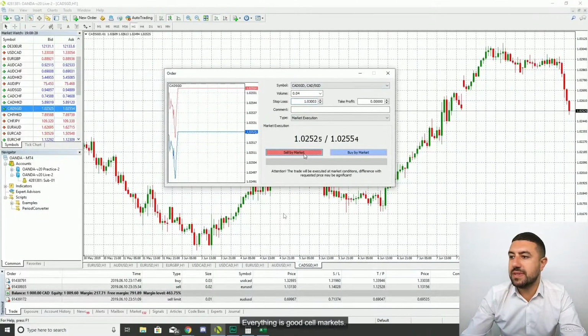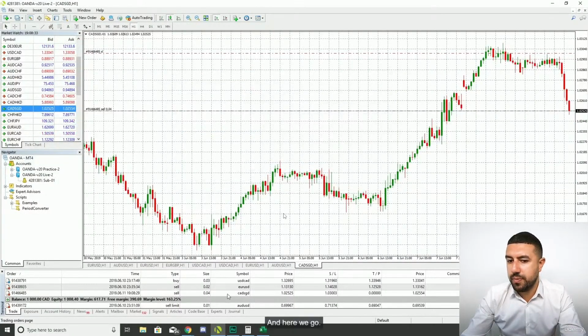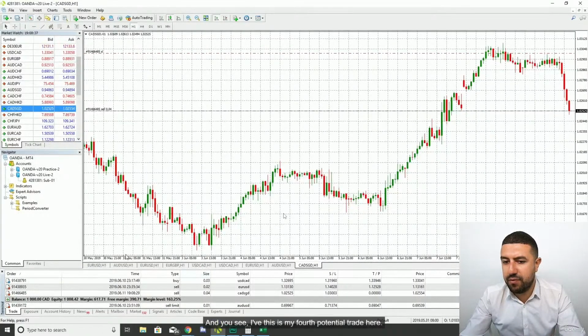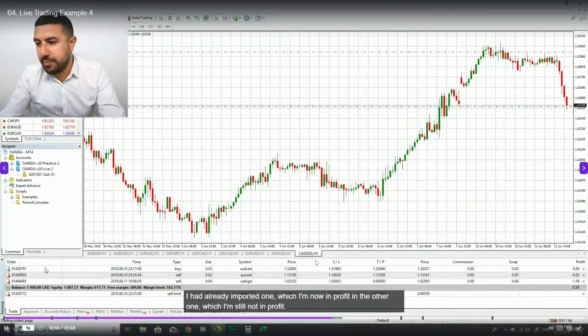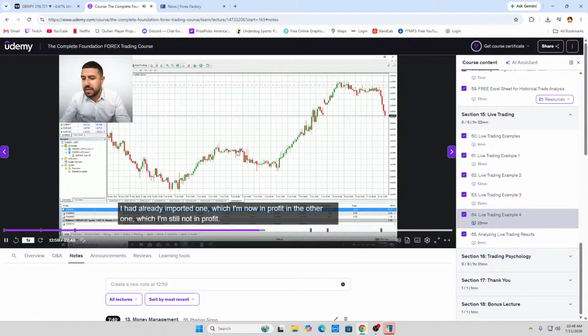Everything is good. Sell market. And here we go. So right now, and you see, this is my fourth potential trade here. I had already inputted one, which I'm now in profit in. The other one, which I'm still not in profit. This would be it right here.